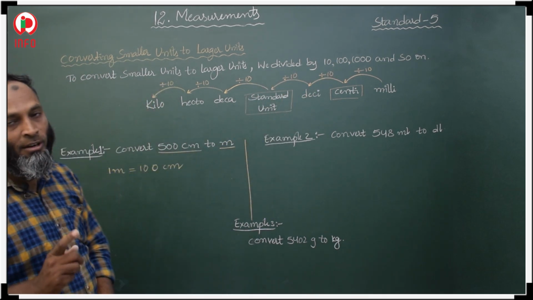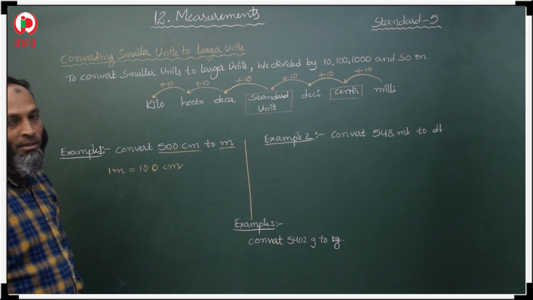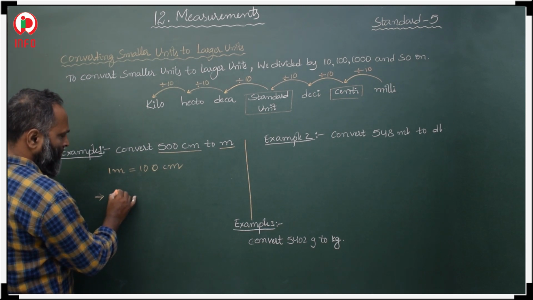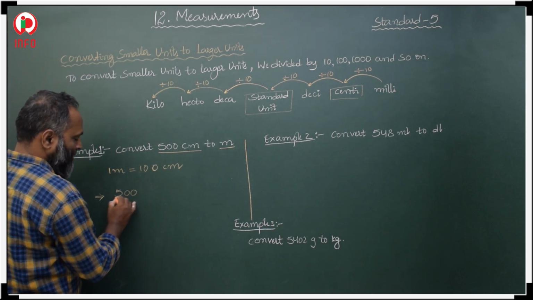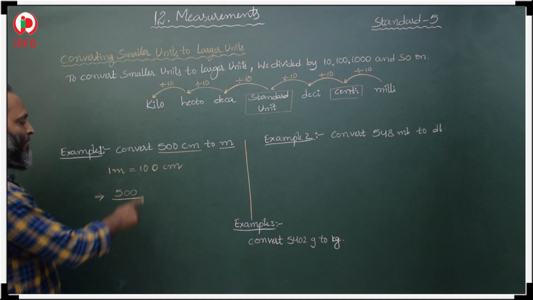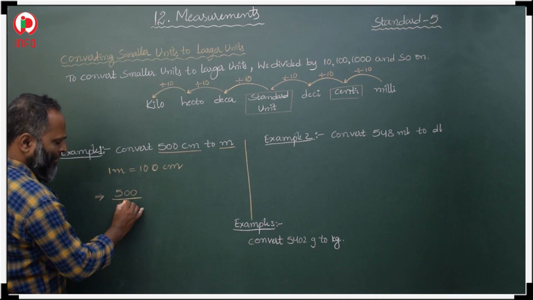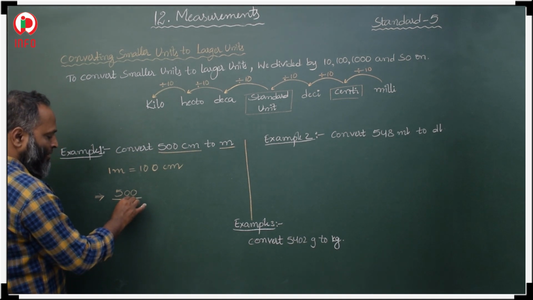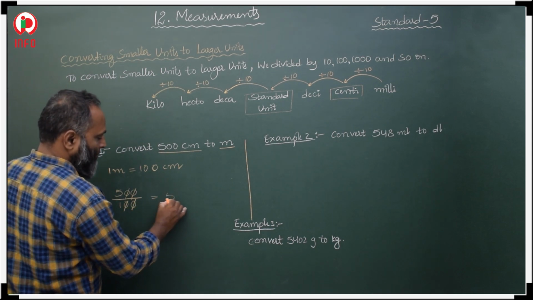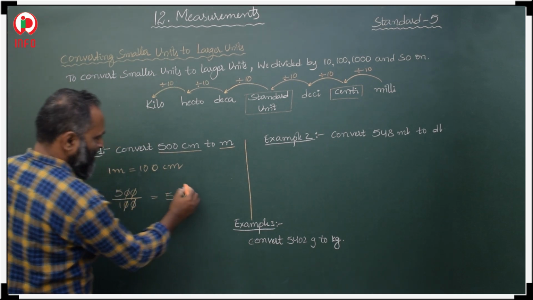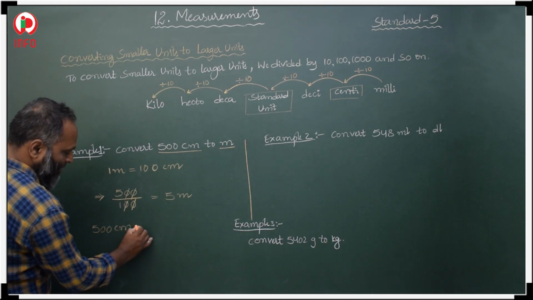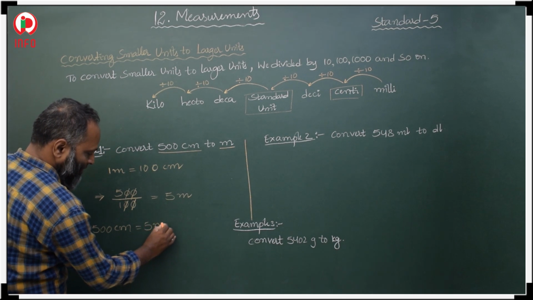Then how to convert 500 centimeters into meters? We should divide by 100. The zeros cancel, then 5 is left. So 500 centimeters is equal to 5 meters.